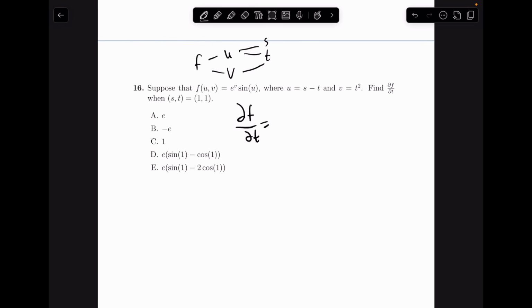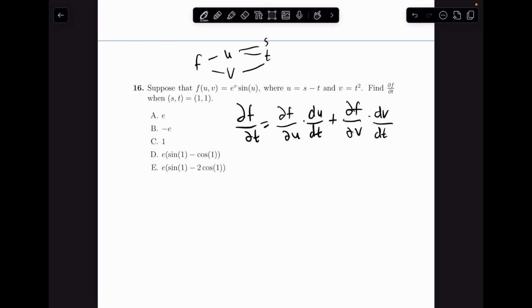But in this case, we have t in both u and v, so we need to account for both. Okay, so df dt is going to be equal to df du times du dt, so this is the change due to u, plus df dv times dv dt.